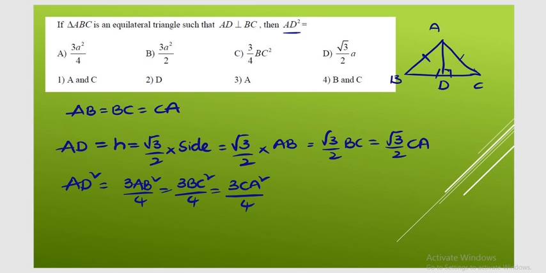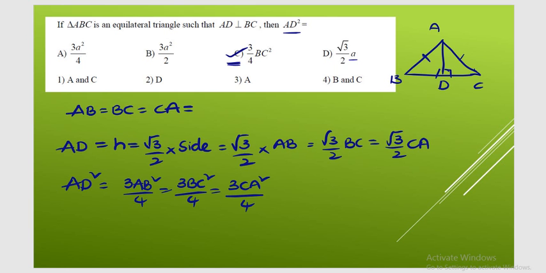So what I am going to get? 3 BC square by 4 is one option, and there is no other option, no? In the question he did not mention anywhere that AB is equal to BC is equal to CA is equal to some value. But in the options he has given the side length as A also, though in the question he did not mention A. From this, only C is the answer, but in the options C alone is not given.